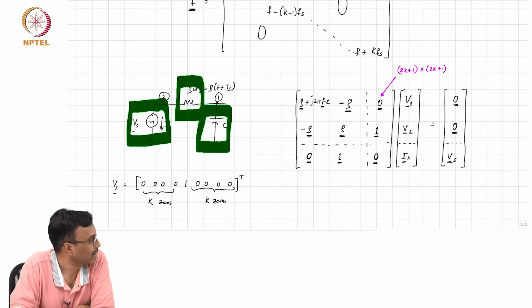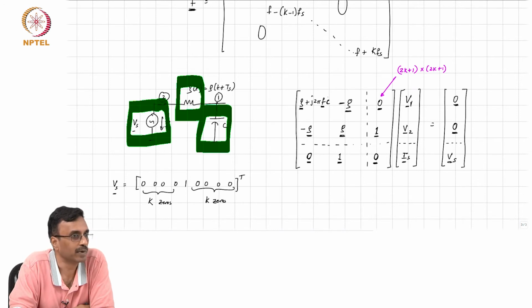And though I write j 2 pi f times c, you might be wondering why this fellow is embedding the matrix between two constants, right? It is actually 2 pi c times f, but in the time invariant case we are used to writing j 2 pi f c.